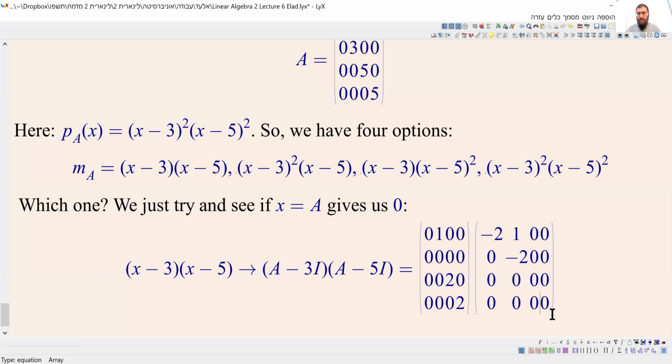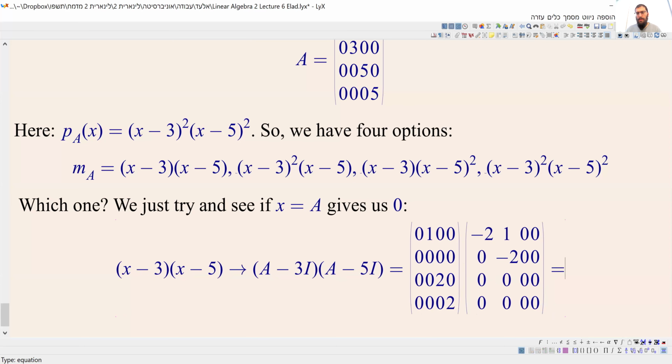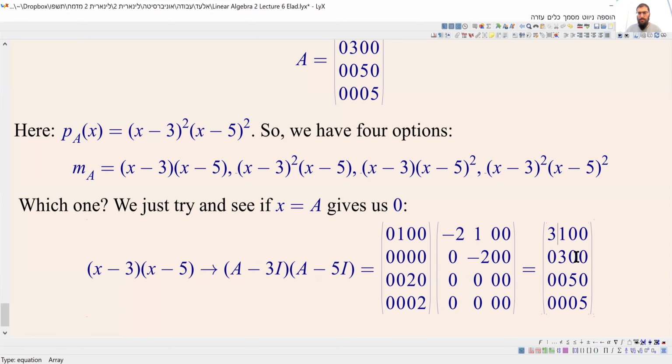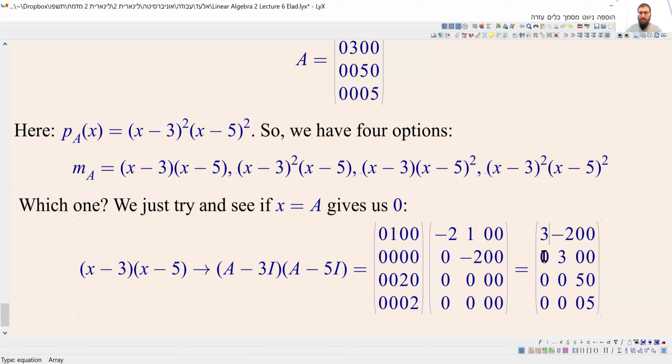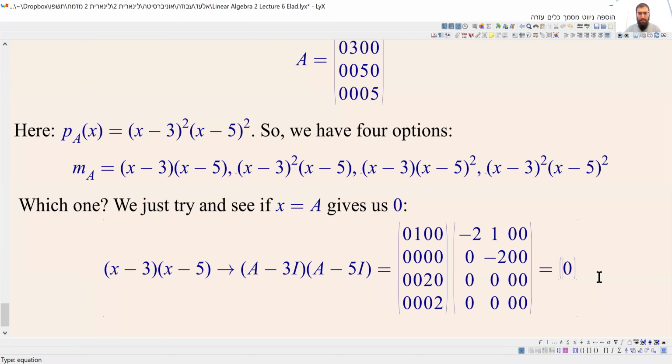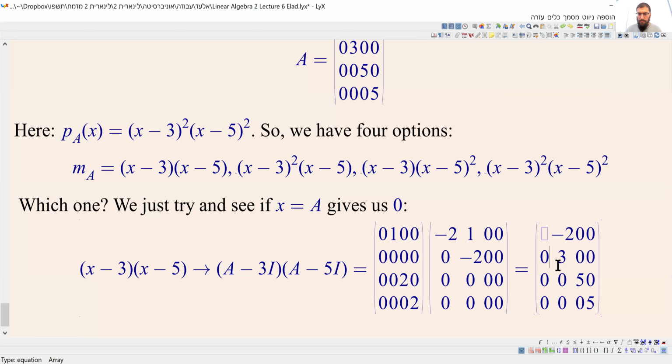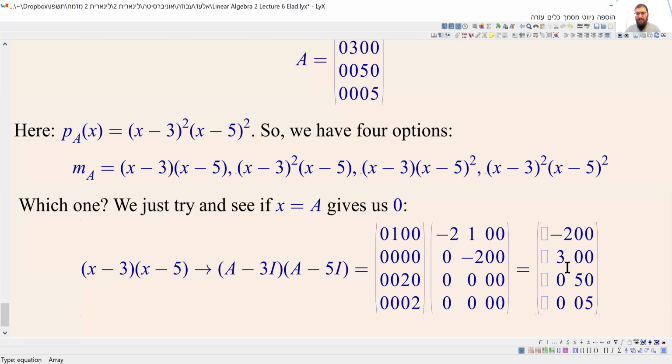Now, if we multiply the matrices here, the element at this row and column gives us minus 2, which is not 0. Let's write it down.